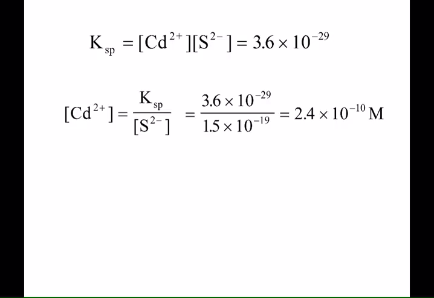That means the amount of cadmium ion you have left at that point must be 2.4 times 10 to the minus 10th moles per liter, even though it started out as 0.02. So that's the answer to the second question.